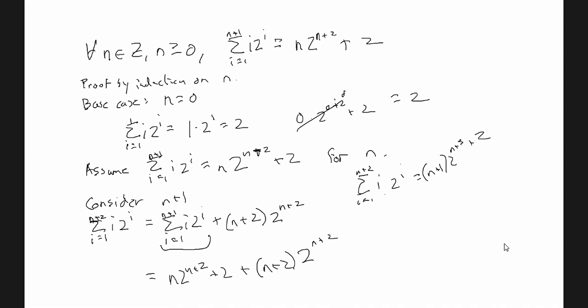And then what do I have? Okay, so if I do some algebra now, I've got n times 2 to the n plus 2, and I've got n plus 2 times 2 to the n plus 2. So if I put those together, what do I have?